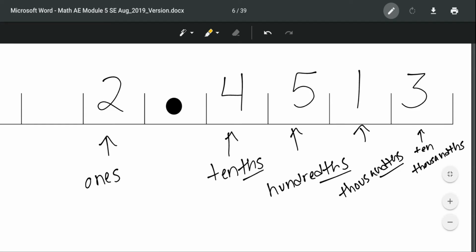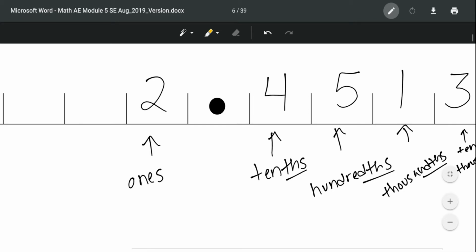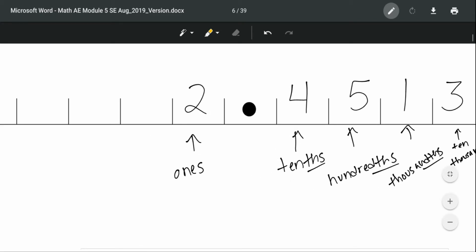Okay, so anything to the right of the decimal has a THS ending. Anything to the left, so 2 would be in the ones place if I add more to it. So let's say I add 9. This would be 92. 9 would be in the tens place. So I have 92 and 4,513 10,000ths.